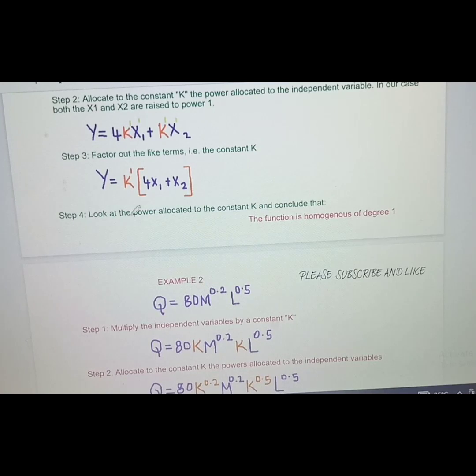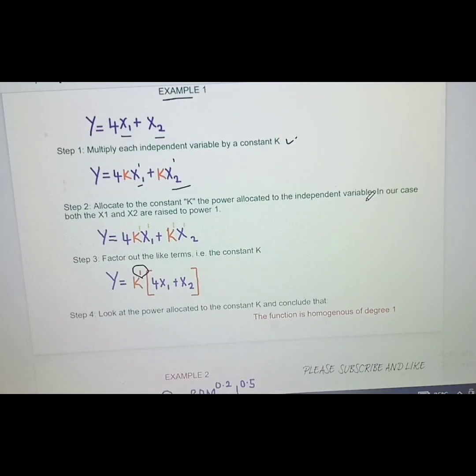In step number 4, you have to look at the power allocated to the constant k, and then you conclude that the function is homogeneous of degree 1, because you can see that the power allocated to k is 1. So the function is homogeneous of degree 1.